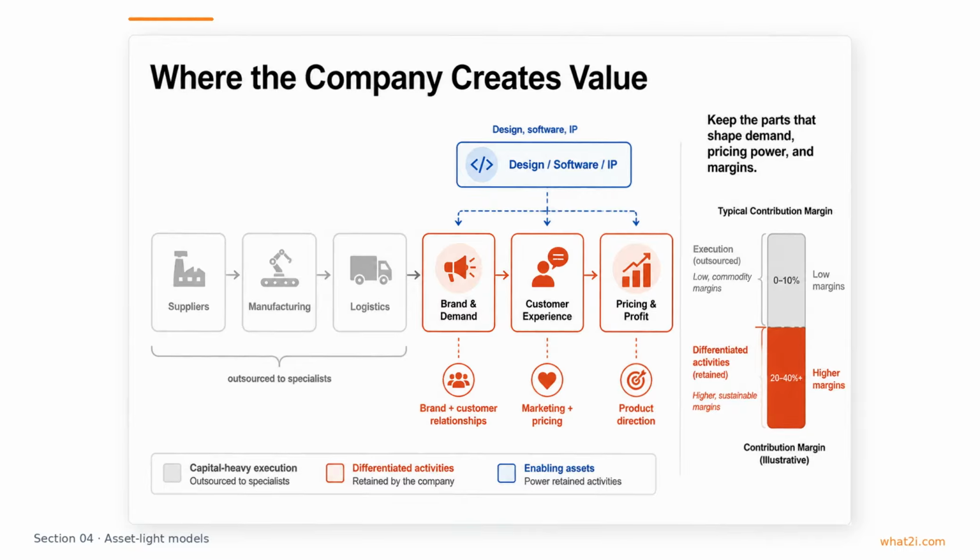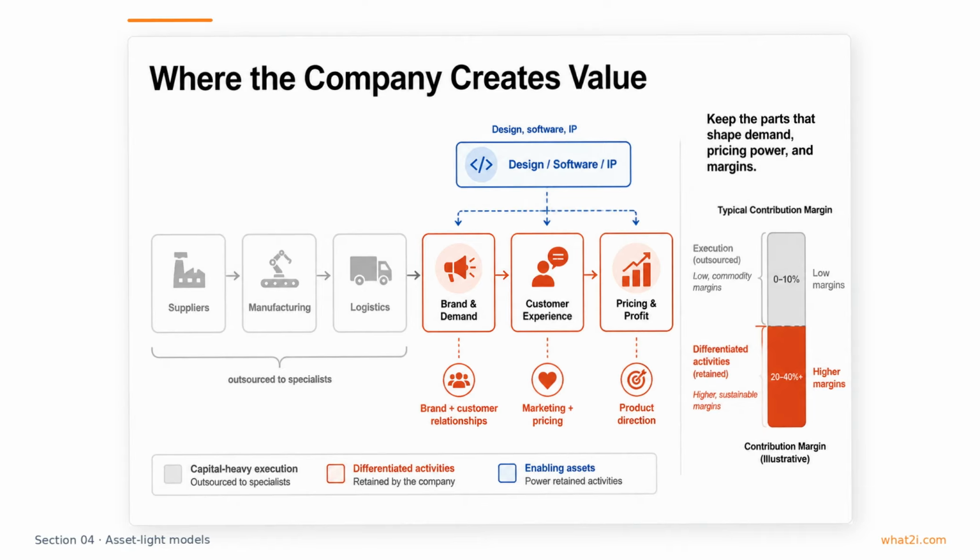These are the activities that shape demand and can create pricing power. By contrast, manufacturing and logistics may be outsourced if specialized partners can do them efficiently at scale. The company is essentially deciding that ownership matters most where uniqueness lives. If that choice is correct, the firm can preserve margin and strategic control without carrying all the physical assets itself.